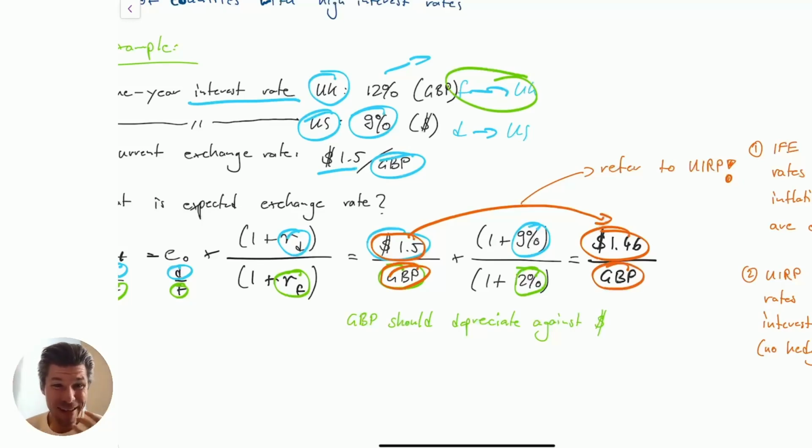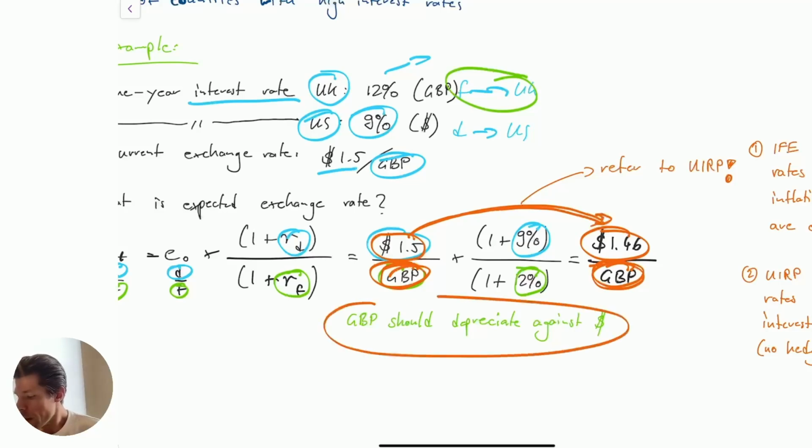That's the currency we want to talk about. So you always put the currency that you want to talk about in your denominator as your base currency, unit of 1. Because the number has decreased, we know that the GBP should depreciate against the dollar.